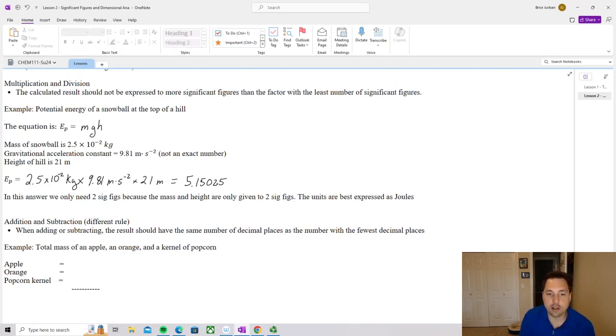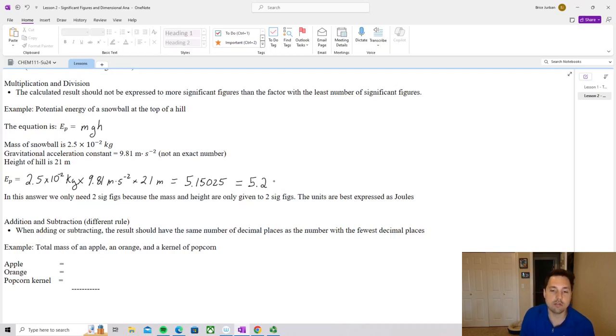So our final value should be truncated to 2 sig figs. What we need to do is truncate the second digit, which is 5.1. However, this third digit, the one after the value that's being truncated, is 5 or greater.